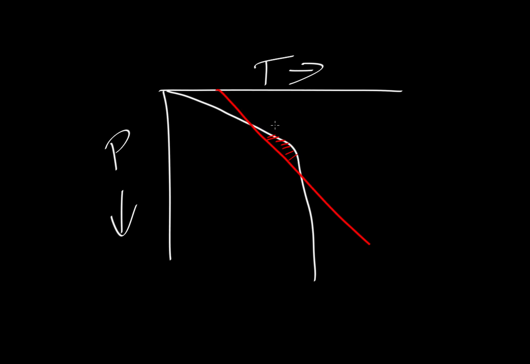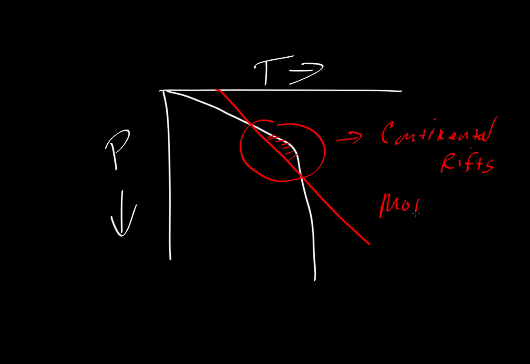In this zone of partial melting here, this kind of adiabatically driven partial melting is something that would characterize continental rifts, like the Rio Grande Rift in the southwest United States, or the Red Sea Rift near Africa, or mid-ocean ridges.